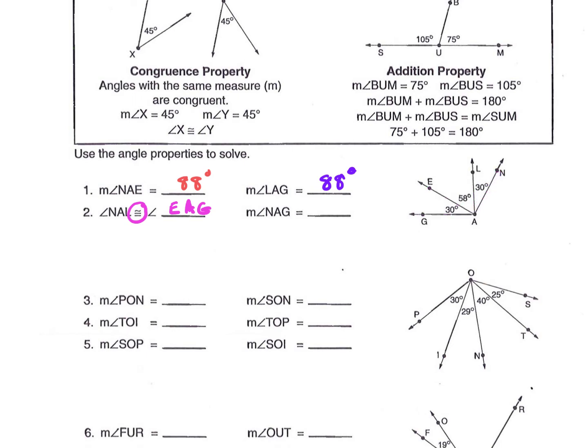We're going to now trace N to A to G. That means we want all of the measurements inside. So we would be adding 30 plus 58 plus 30, and that is 118. So we're going to write that it's 118 degrees.